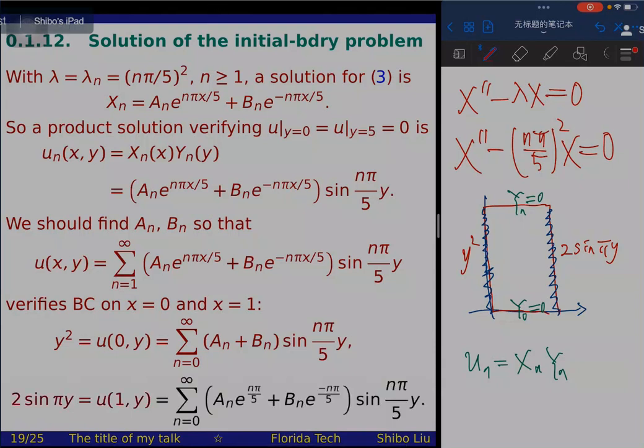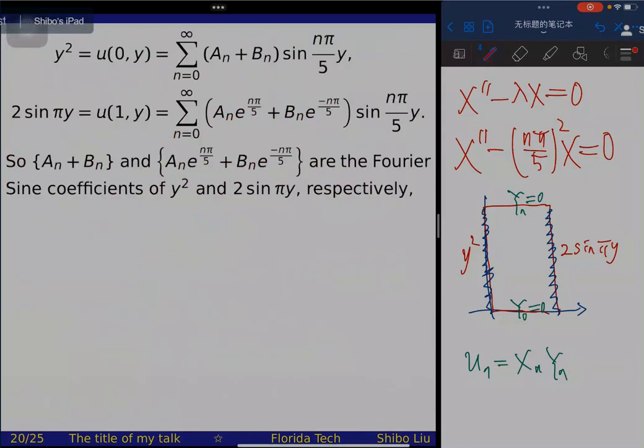u(1,y) is this series. To continue our discussion, I copy these 2 lines to the next page. Here.